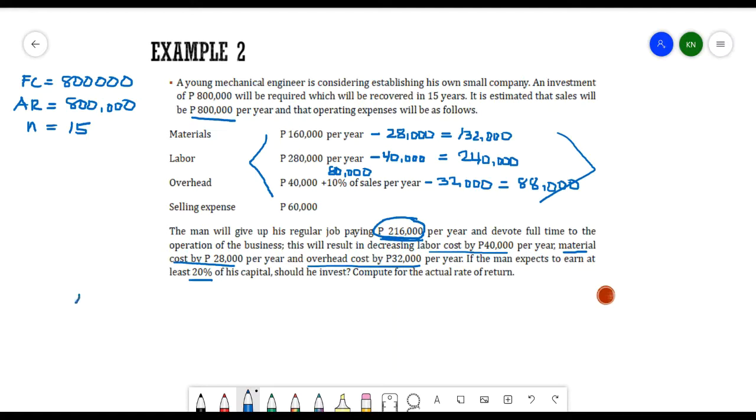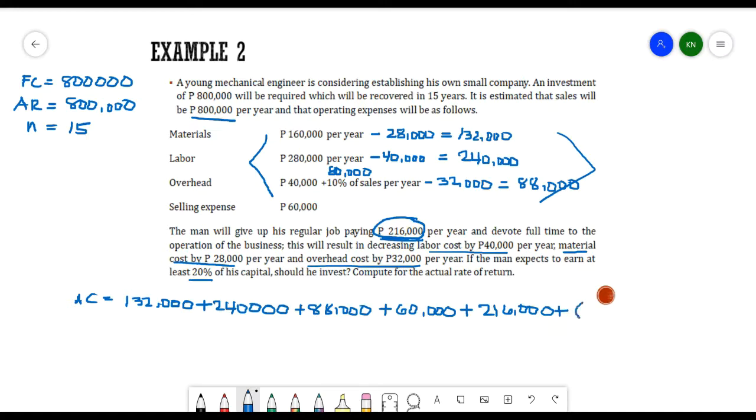So our AC now is equivalent to 132,000 plus 240,000 plus 88,000 plus 60,000 plus the salary of the man, plus again this will include the depreciation, so we still need to find the depreciation of this one, and depreciation is equivalent to FC minus SB.